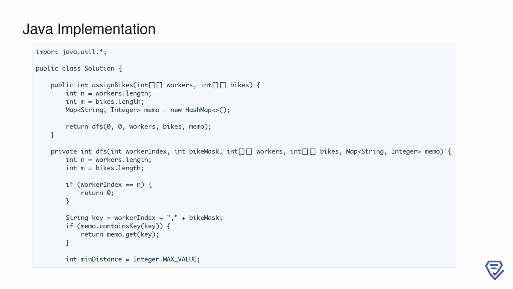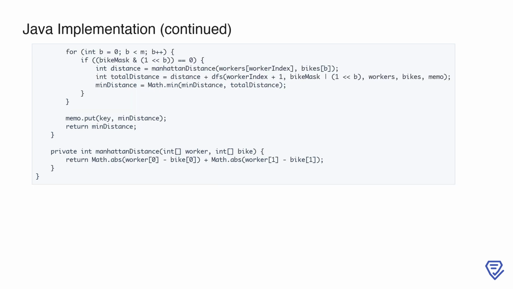The core of the solution lies in a recursive helper method called DFS. This method is tasked with finding the minimum total distance for assigning bikes to workers. We begin the recursive process by calling DFS with the first worker, an initial bike mask of 0, which indicates that no bikes have been assigned yet, and passing along the workers, bikes, and memo map.